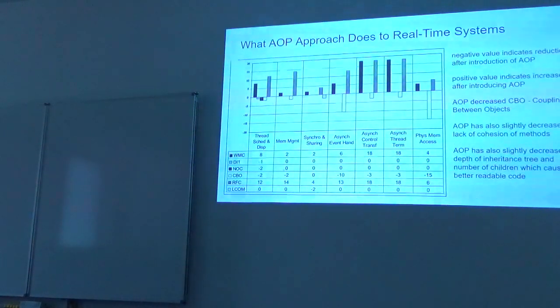For example, because the CBO metric has turned a negative value, we can say that the introduction of the AOP approach slightly helped to modularize the code, and it made the code better understandable as well because of the decrease of subclassing, which you can see in the metrics depth of the inheritance tree and in the metric number of children. So that was the second use case.